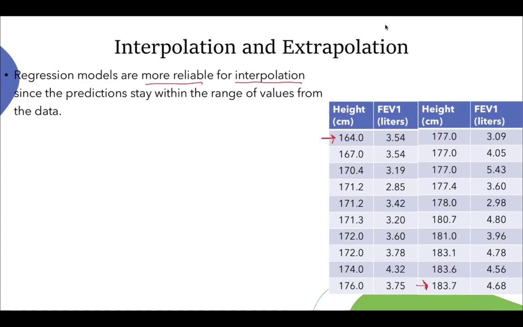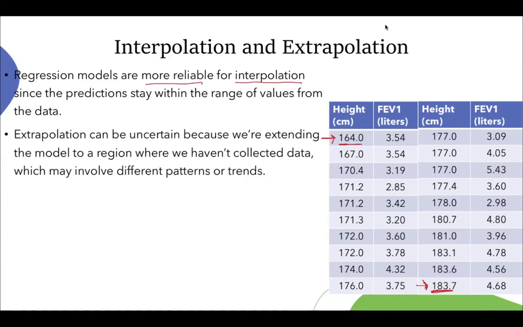Outside of that range of heights, either below 164 or above 183.7, our predictions are less accurate, or less reliable. Extrapolation can be uncertain when we're extending the model to a region where we haven't collected data, which may involve different patterns or trends.